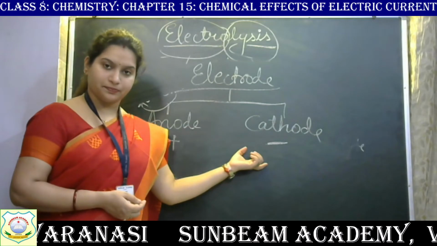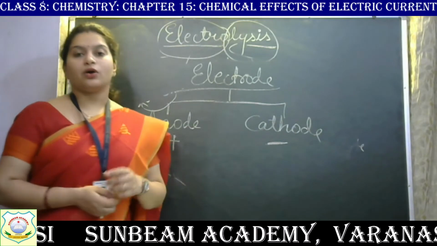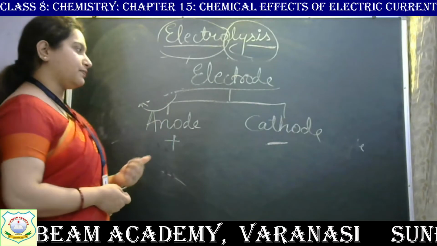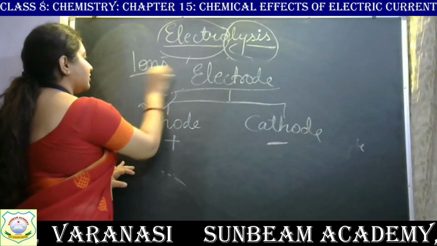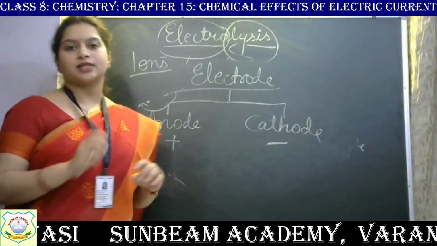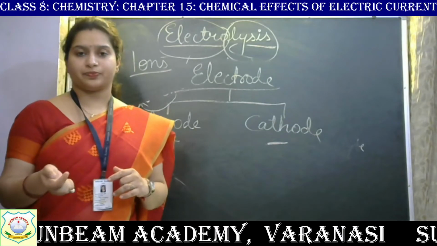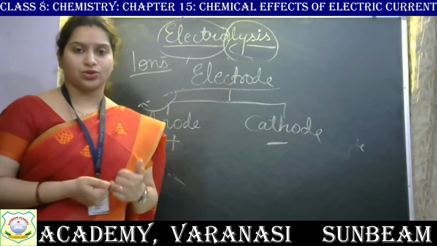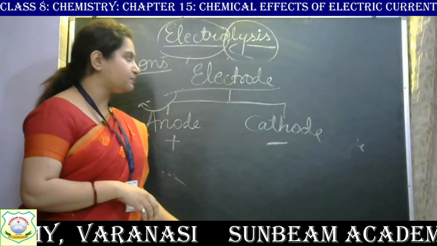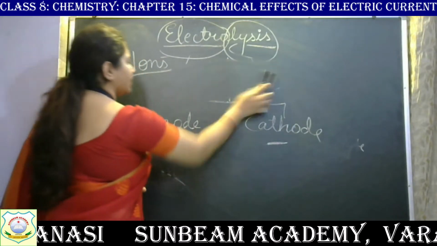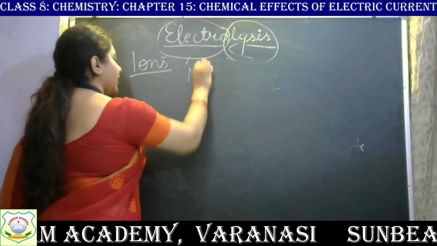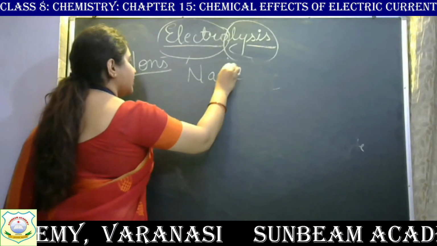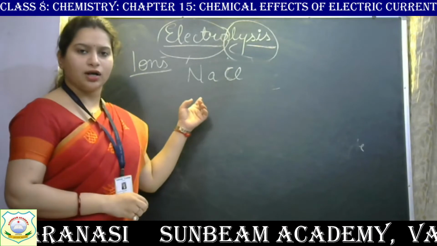Getting it? Okay. Now, what is ion? Ion समझिए क्या है? What is ion? Ion is nothing but a charge. Ion क्या होता है? Charge होता है. For example, if we have NaCl, NaCl is common salt.